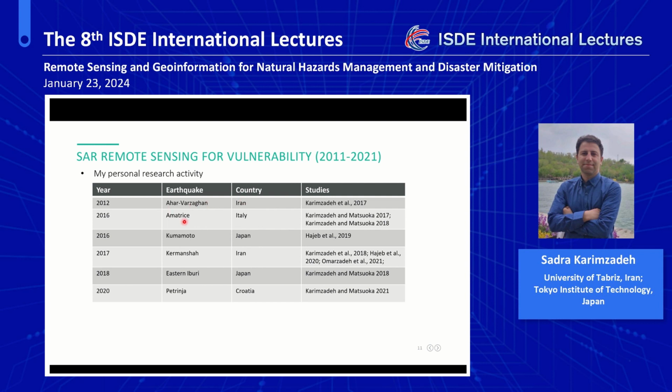Other earthquakes like Amatrice in Italy, Kumamoto in Japan, Kermanshah earthquake 2017 in Iran again. You see also the outcomes here, the published papers. Eastern Iburi earthquake again in Japan, Petrinja in Croatia, and more recently the Kahramanmaraş earthquake in Turkey.